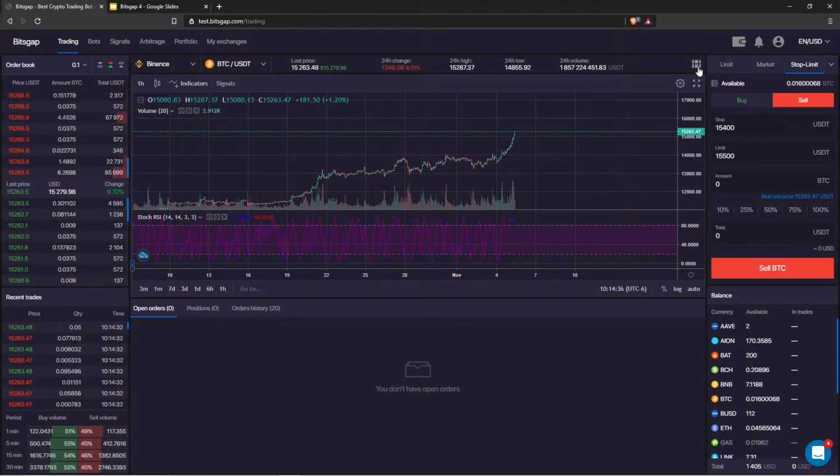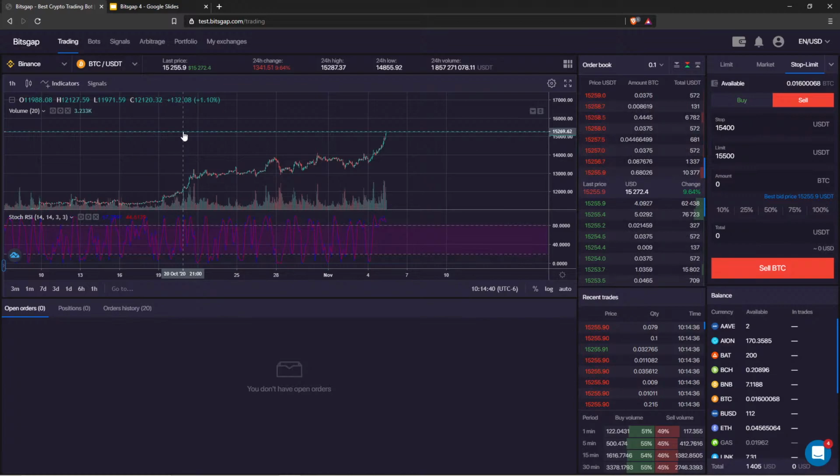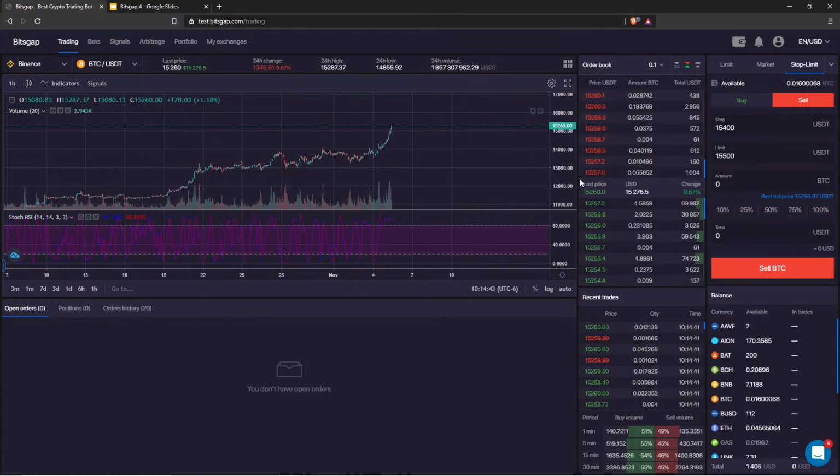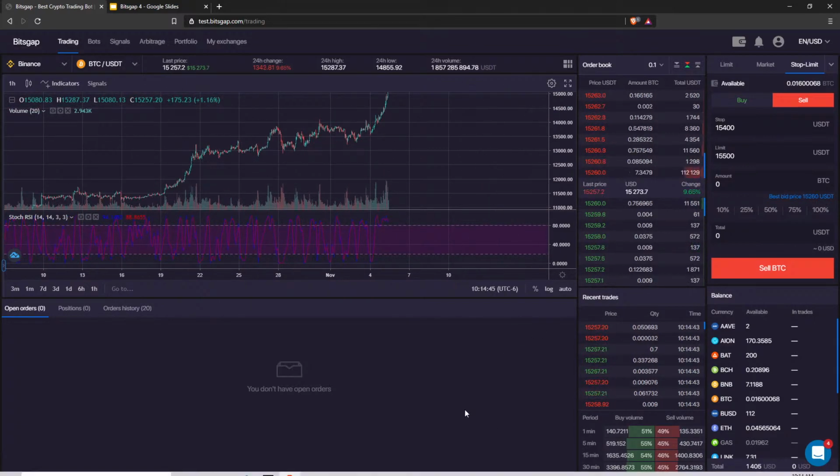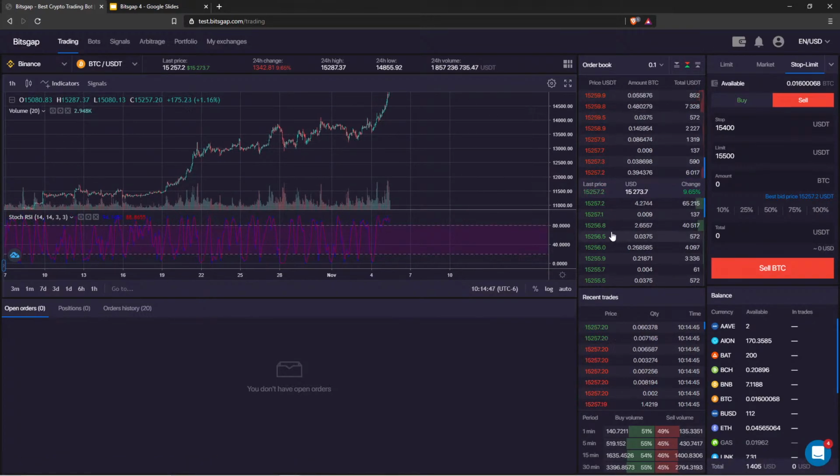And you can also change the layout. Let's say you want to have your chart completely on the left side only, whereas on the right side you have all the information like the order book and the trading panel. That's up to you. For now you have these two options to choose from.